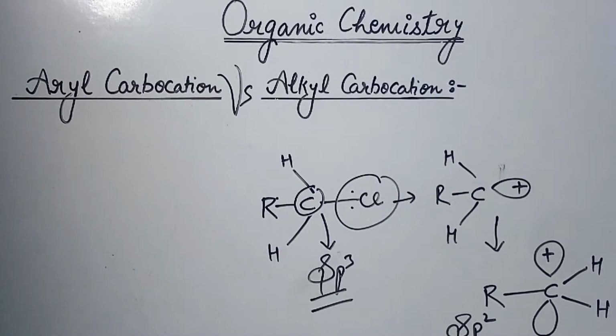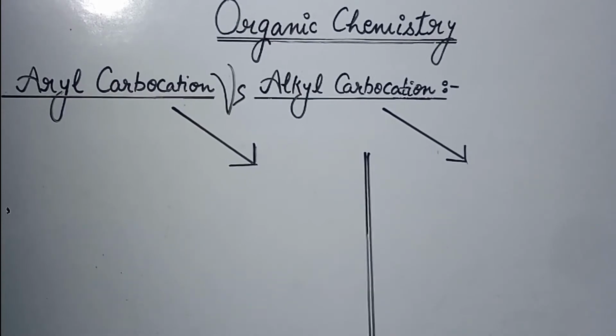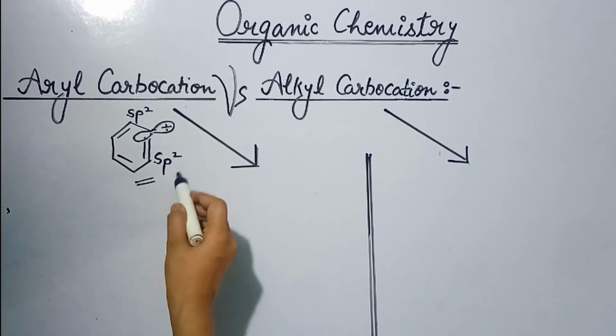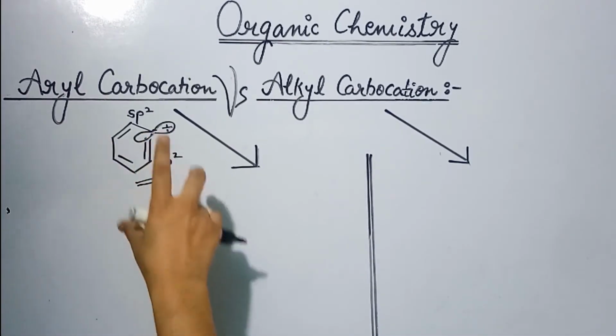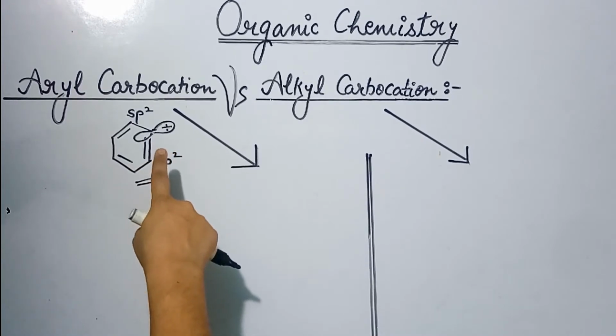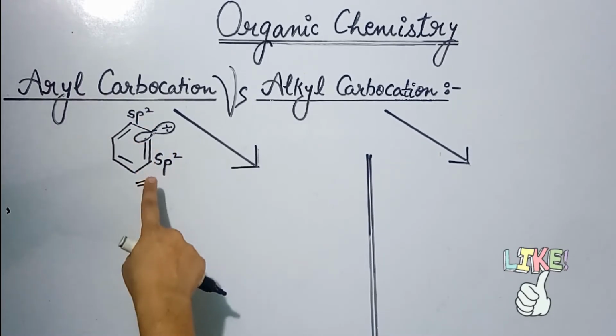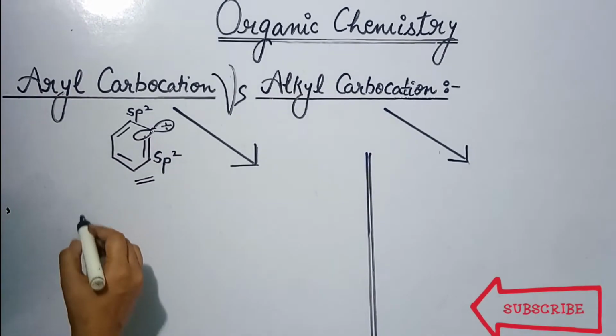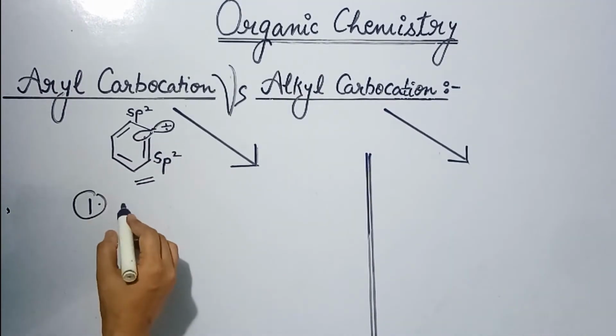Okay, now it's the time to compare. You have seen that the aryl carbocation cannot change the configuration from sp2 to sp instead of the formation of the empty orbital, because it has to maintain the aromaticity. Okay, so there is a strain, so the energy increases.